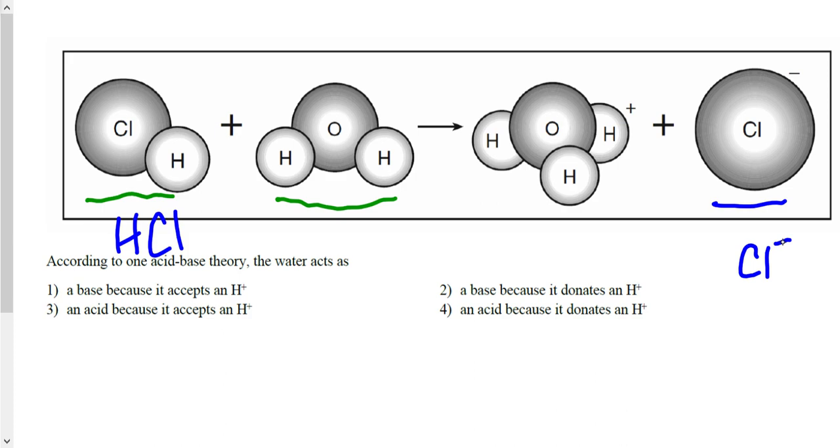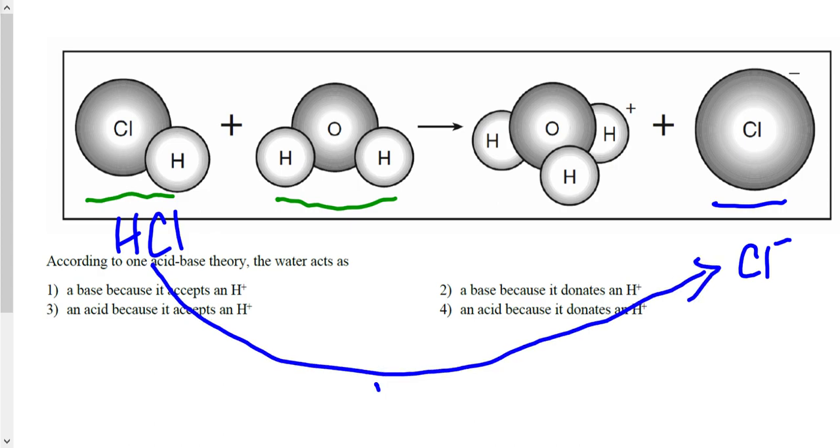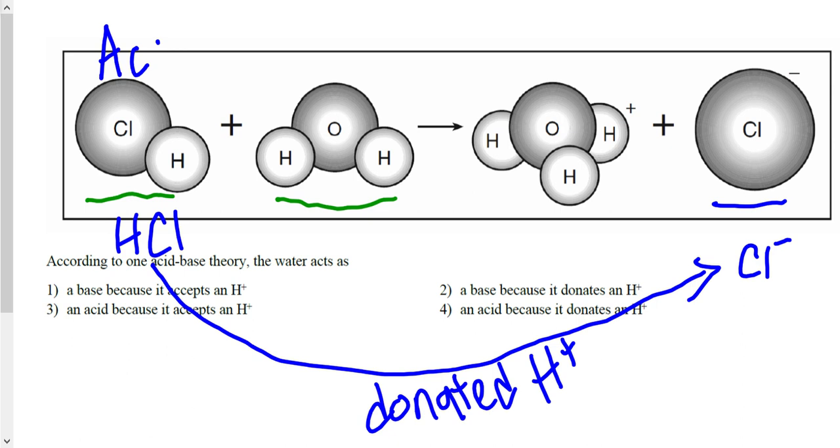So that means HCl donated an H plus ion. And if HCl is donating an H plus ion, that means in this case, HCl is an acid.